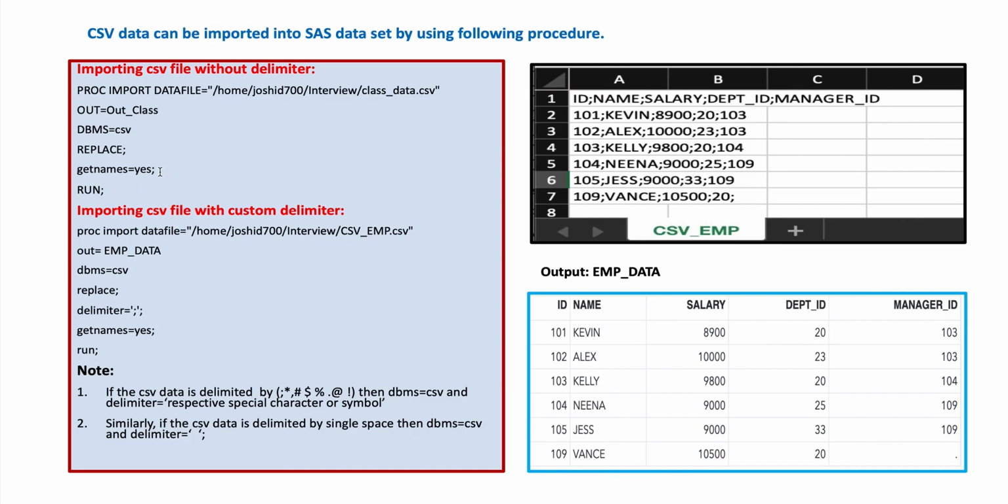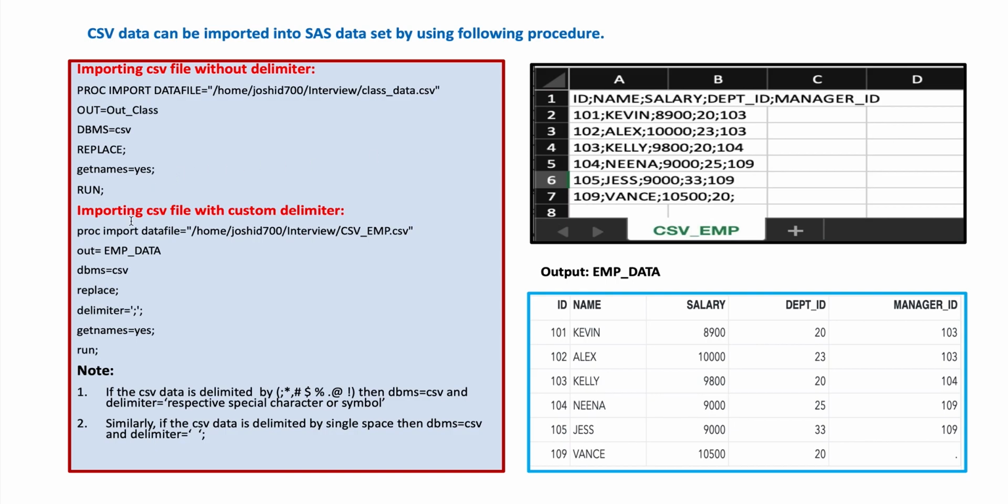Getnames equals yes. That means we assume the first row includes variable names, and we are going to pull variable names as well, and run. When we run this first set of code, the CSV file will be converted into a SAS dataset.